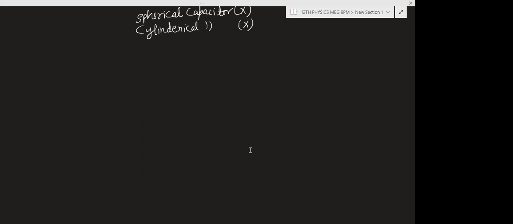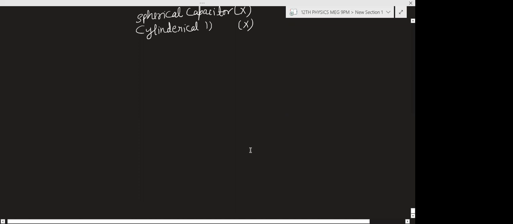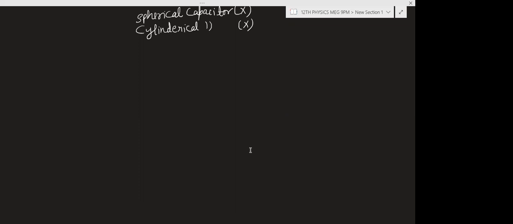I have told you how to calculate the capacitance when air is placed between the plates. Then we calculated when dielectric is fully filled between the plates, and after that the dielectric partially filled between the plates. And now I think we should start from parallel plate capacitor.